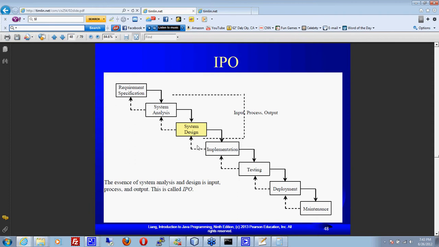Today it might be an email, an instant message or a text message. But the whole basics of the way programs work, input, process, output, really hasn't changed much. So yeah, that's not initial public offering. It's input, process, output.